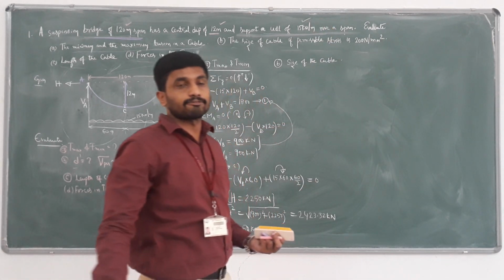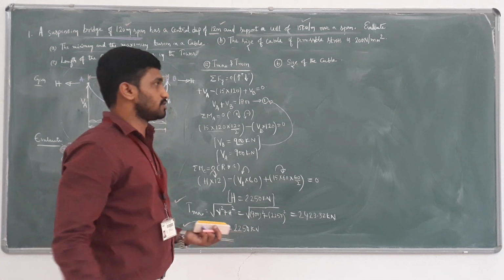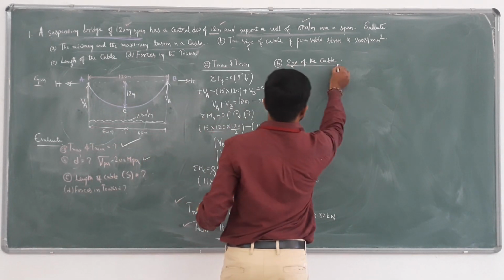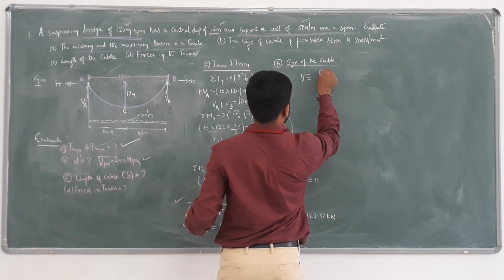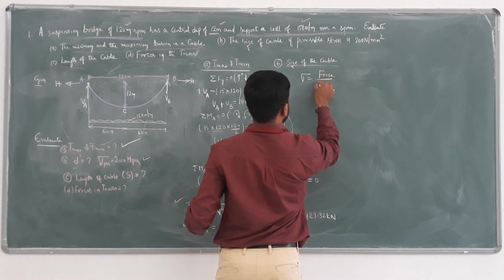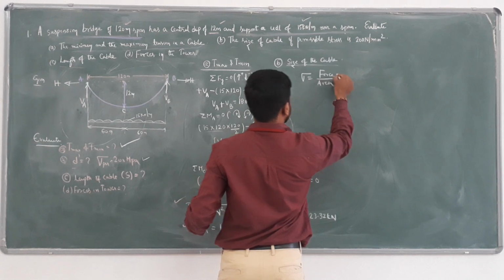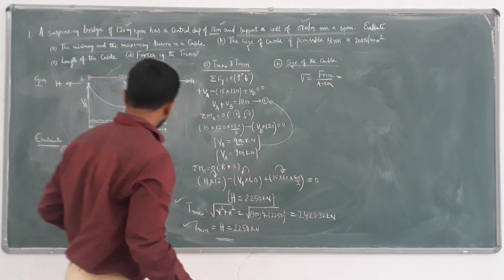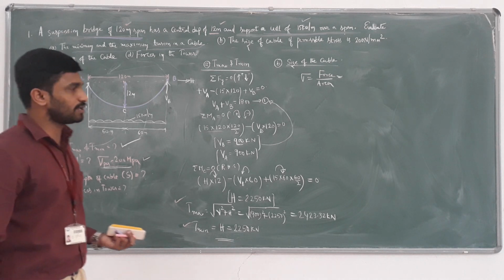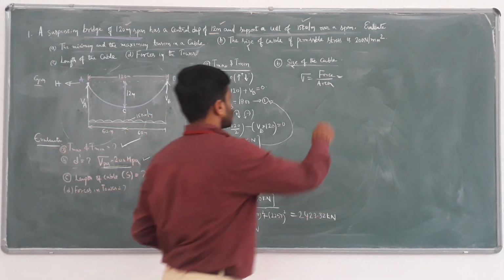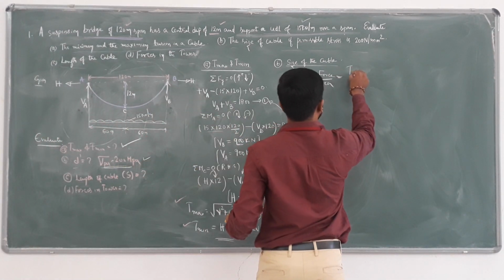We all know, from the mechanics of materials, the basic definition of stress. What is stress? Load by area, or force by area. So here, the permissible stress of the material is given as 200 Newton per mm square. And for the force, you have to take T max.